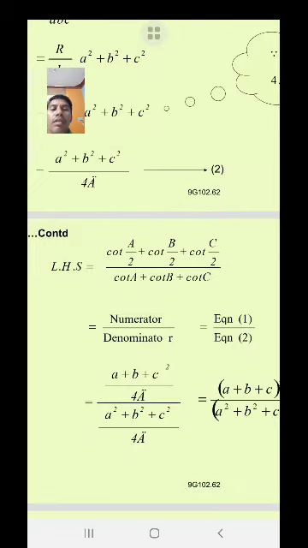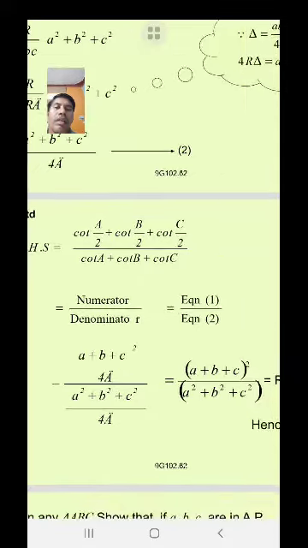And now to prove, take the LHS, that is (cot A/2 + cot B/2 + cot C/2)/(cot A + cot B + cot C).